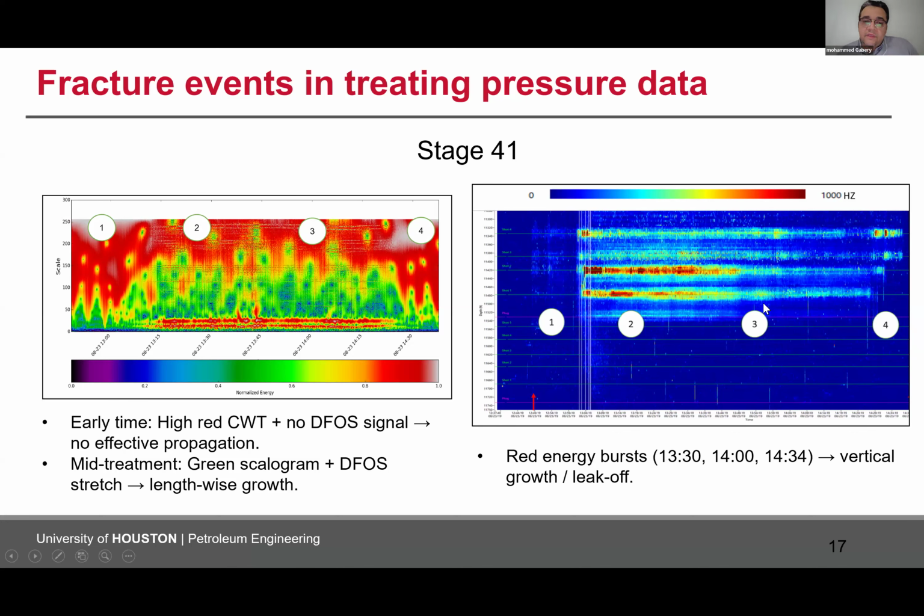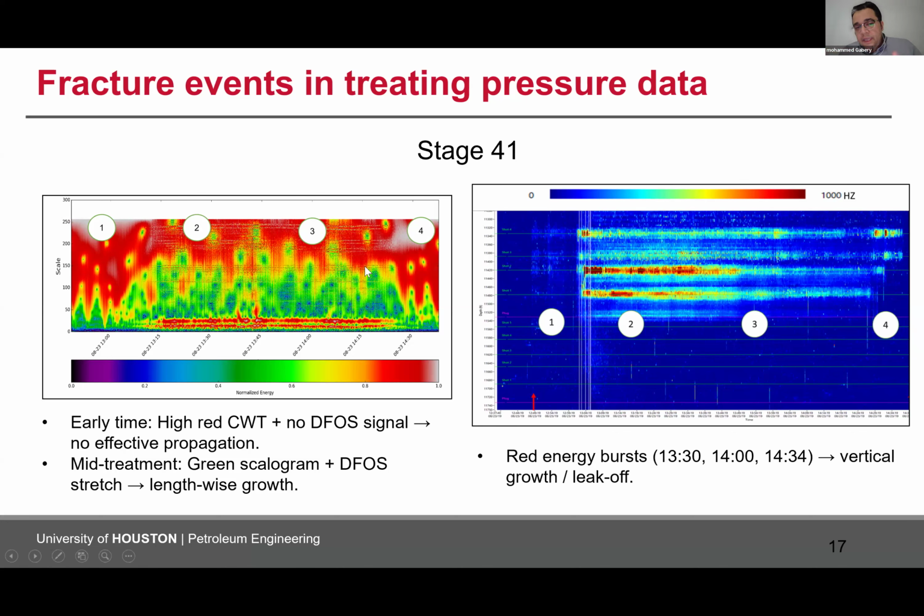Then at event 3, again the red areas, or the high energy on the scalogram, start to dominate at this time, and the fracture propagation and the value of the acoustic signals start to diminish with time.